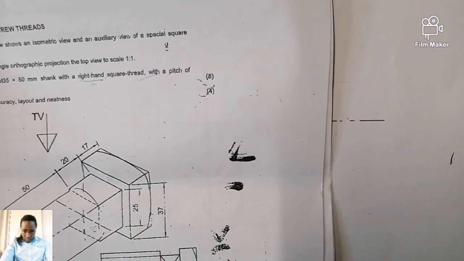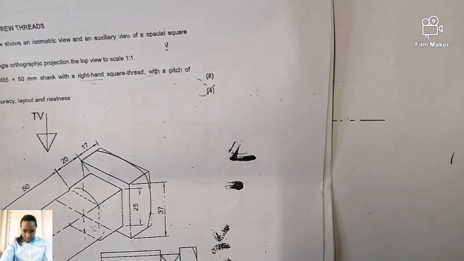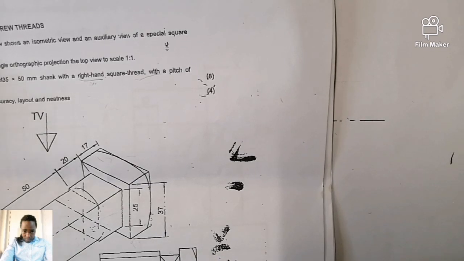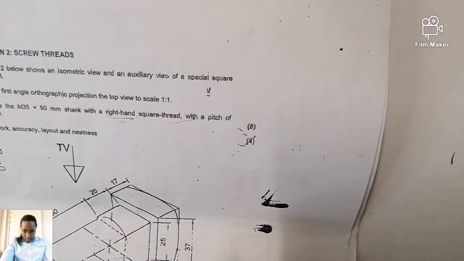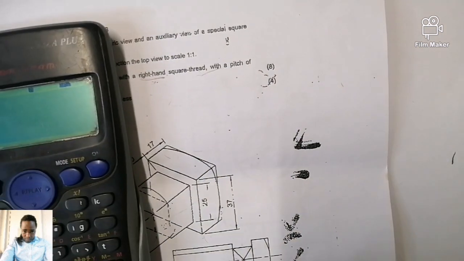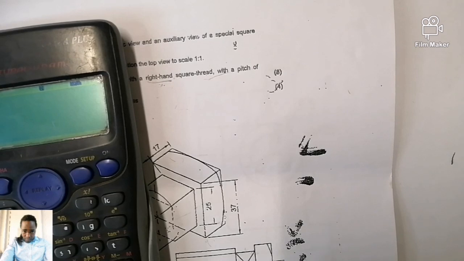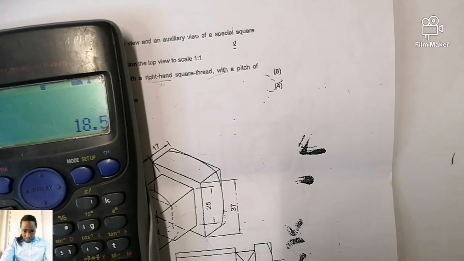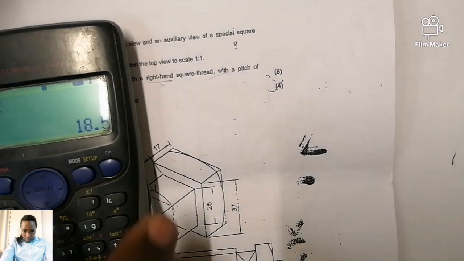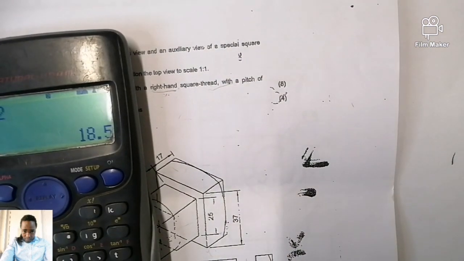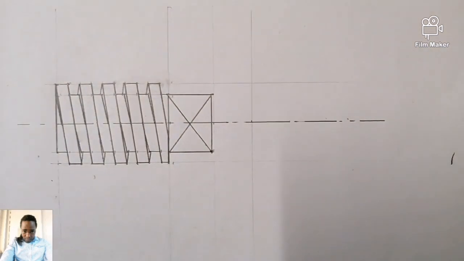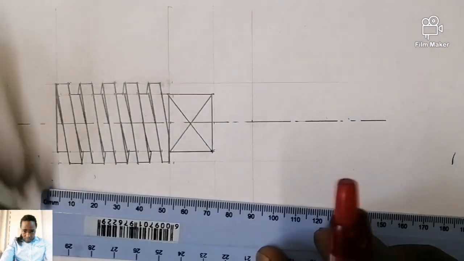Okay, and then from there we are told from here till there is how much? It is 37. So when we divide 37 by 2, simplify it, we are getting 18.5. 18.5.